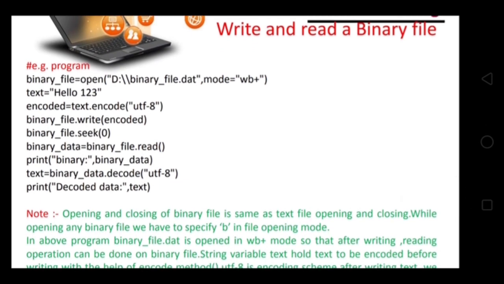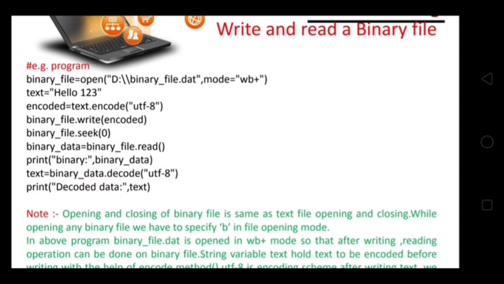In this program, we have a file object known as binary_file, which is opening the file named binary_file.dat. So the first thing you should learn is that the binary file has the extension .dat.